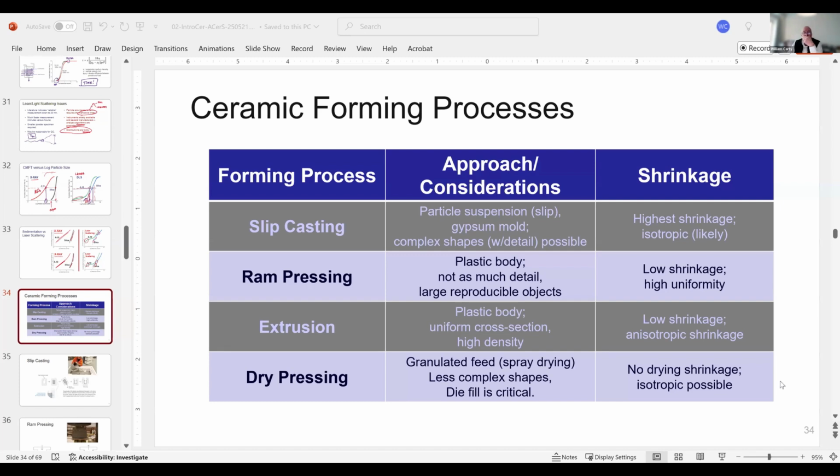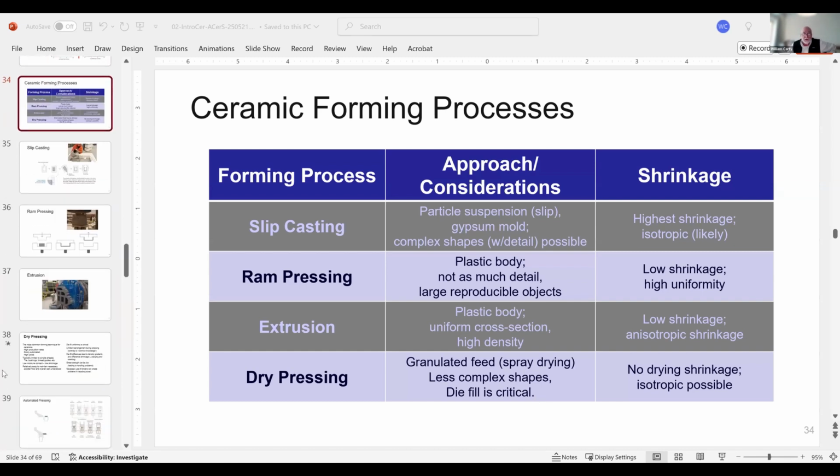So that brings us to ceramic forming processes. And this is by nature going to be a pretty high elevation view because of the restrictions of time and the fact that there's just so much information that's possible. I also mentioned the ceramic processing course, and we do a lot of stuff with rheology, suspension flow, suspension control, and things like that in that course.